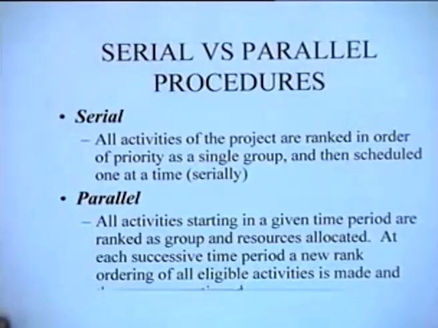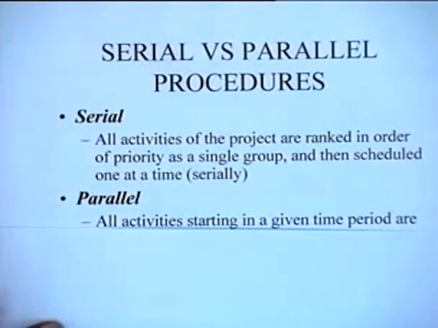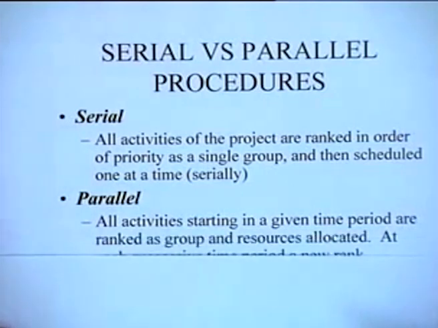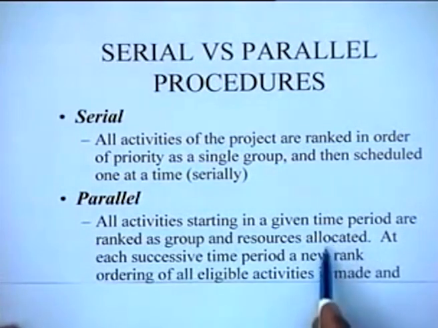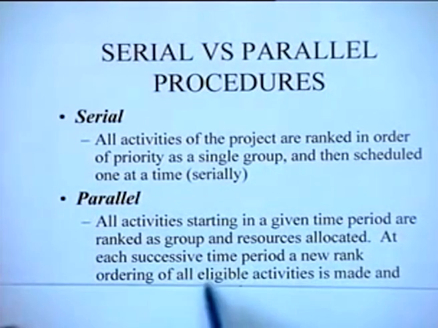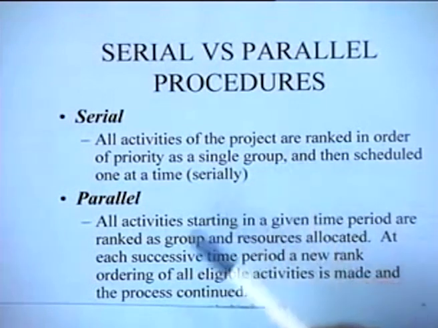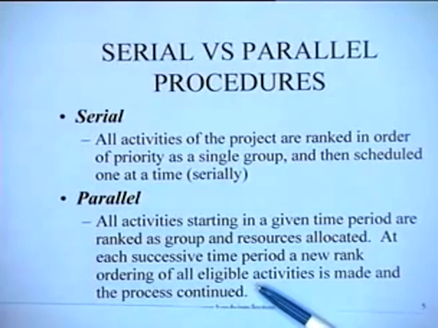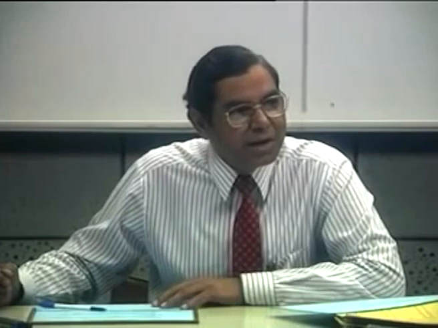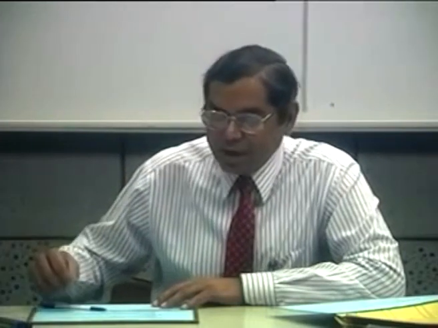As opposed to this, we have parallel procedures. In parallel procedures, all activities starting in a given time period are ranked as a group and the resources are allocated, and at each successive time period a new rank ordering of all the eligible activities is made and the process continued. So, the key difference between serial and parallel procedures is that in parallel procedures in each period you set up a competitive examination, as it were, and you allow the activities to perform on that, and it is on the basis of their karma that the individual activities perform, and you make a selection based on that.